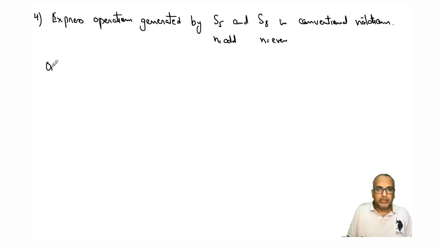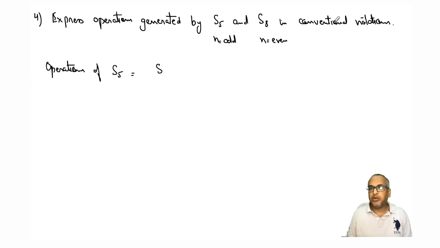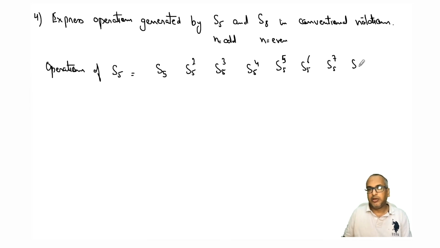So, operations of S5. What all operations will S5 generate, and you have to put them in conventional notation. What is the conventional notation? S5, S5 square, S5 cube, S5 4, S5 5, S5 6, S5 7, S5 8, S5 9, S5 10.